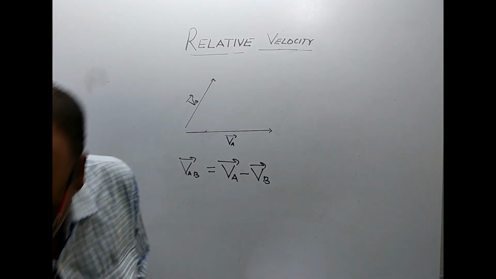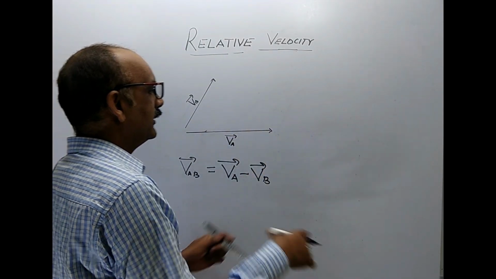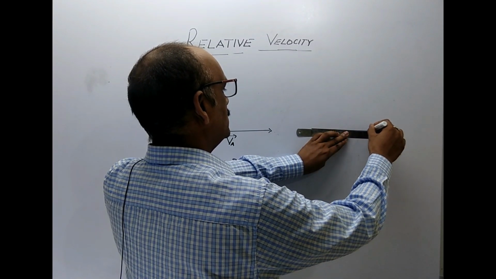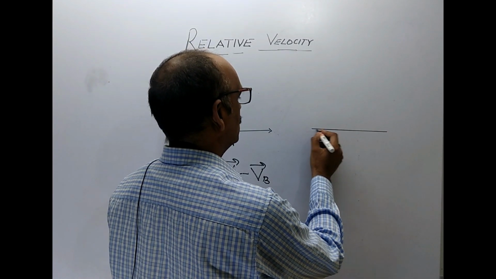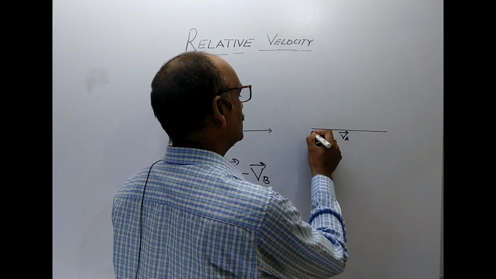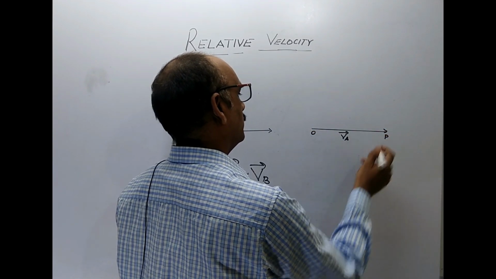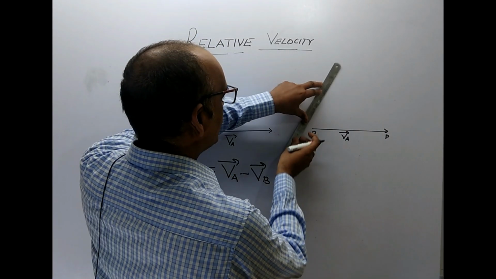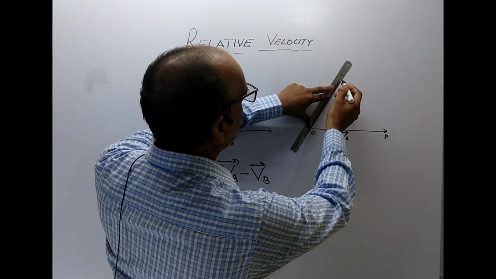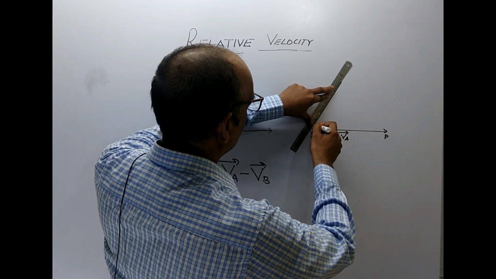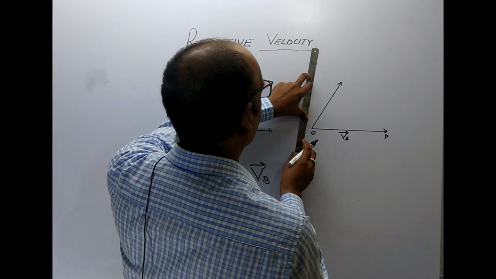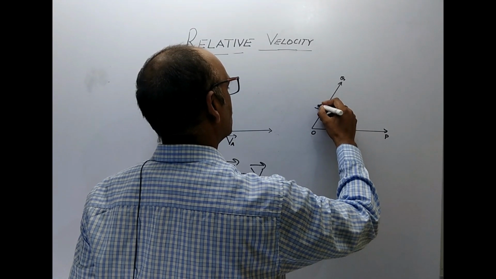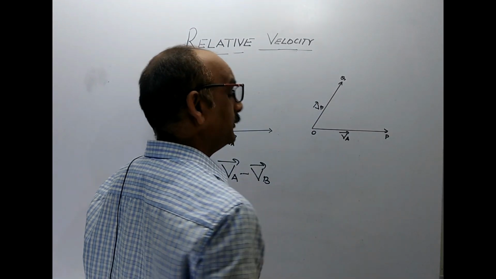Now, just shift VA here. Let vector VA be represented by vector OP, and just shifting VB here without changing the magnitude and direction of VB, let OQ be representing vector VB.